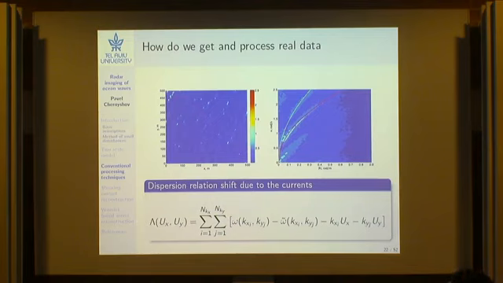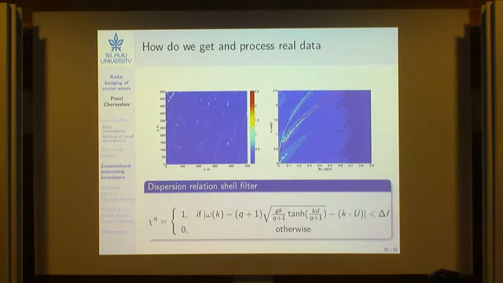The conventional method is more or less this: we use the dispersion relation shell filter, because we take a tiny neighborhood of this dispersion relation and fit it, since we don't know currents by default, and maybe we don't know bathymetry. So we need to fit these three parameters, and it's possible, people are doing this. Here we assume a uniform current, which doesn't change with depth. This is the definition of the dispersion relation shell filter.